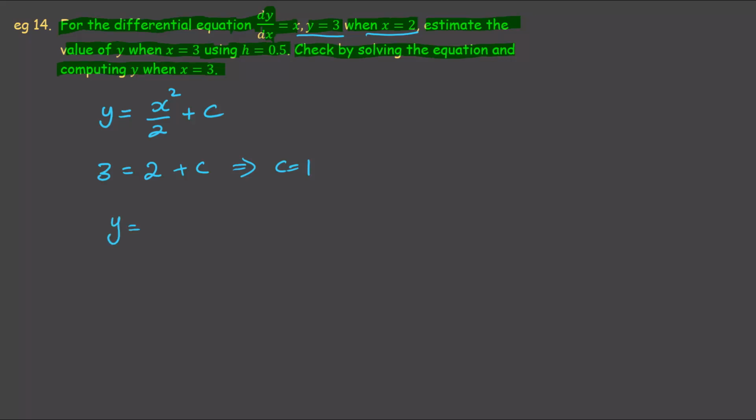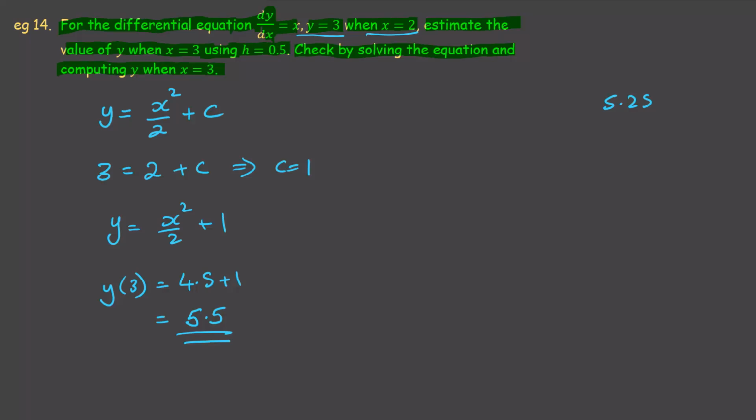And so y is equal to x squared over 2 plus 1. And then y of 3, when x is equal to 3, is going to be 4.5 plus 1, which is 5.5. So you can see by Euler's method we got 5.25. Here we got 5.5. So there is a slight difference.